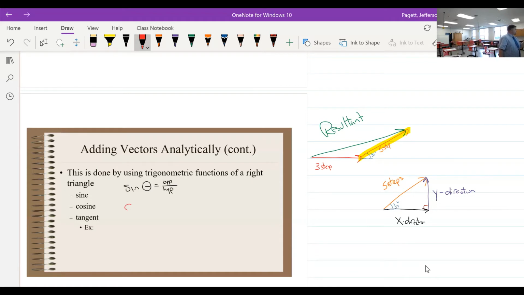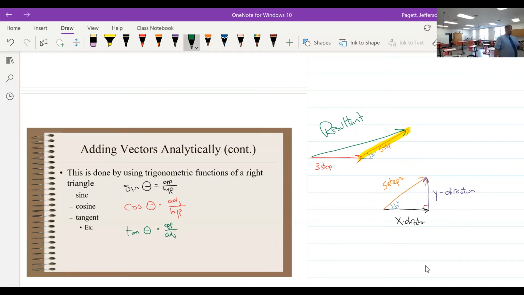Cosine of your angle is equal to the adjacent over the hypotenuse. And tangent of your angle is the opposite over the adjacent.